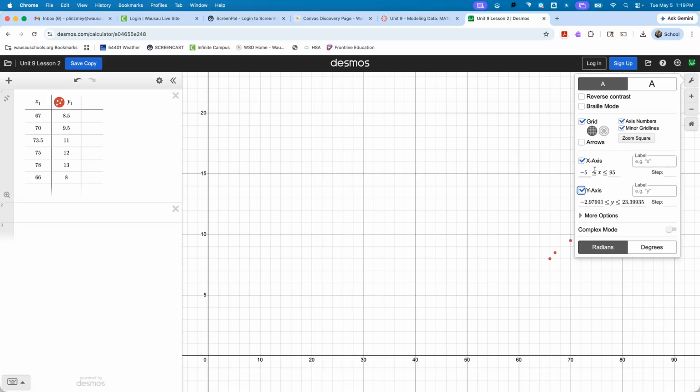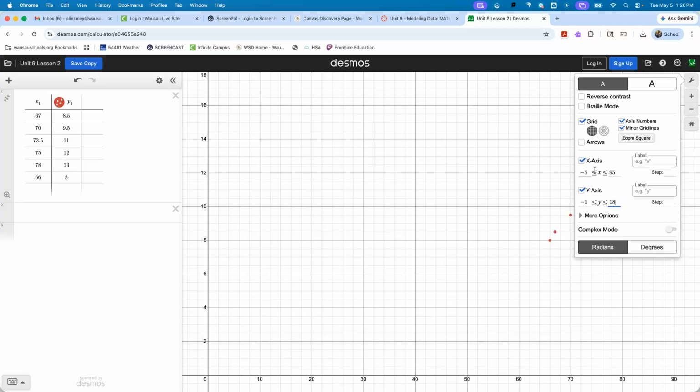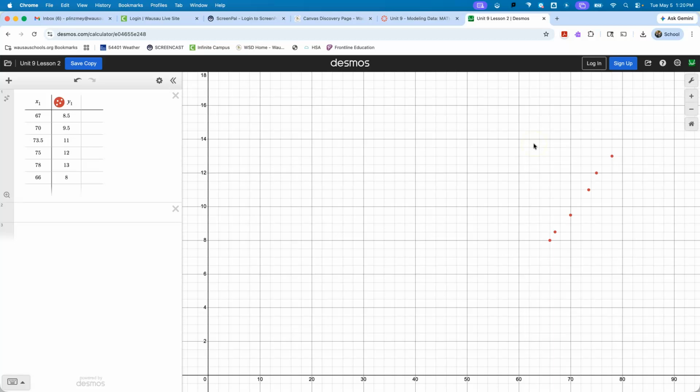Then we had our y-axis at -1, and it went all the way up to 18. So now there is the same orientation of your graph that you had on your paper, so that they would look the same. Okay?